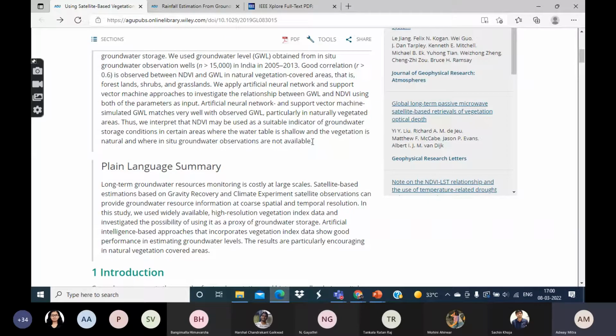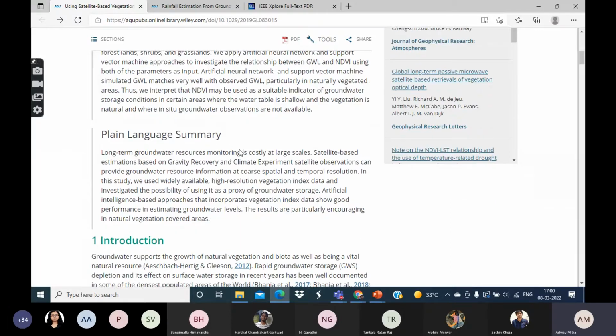And if these groundwater observations are not available, then this satellite-based groundwater measurement framework can make up for the absence of these in situ observations by making very accurate predictions.